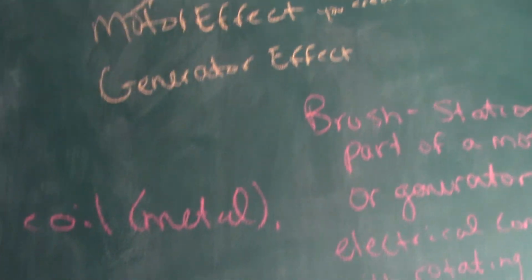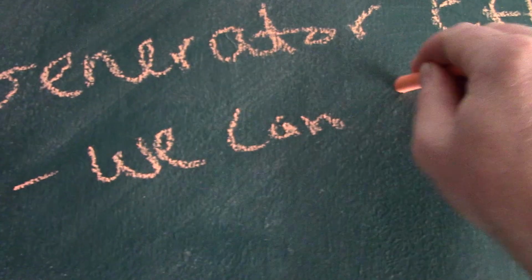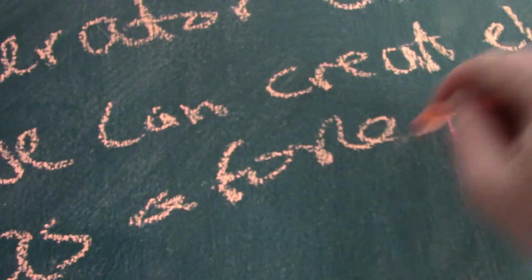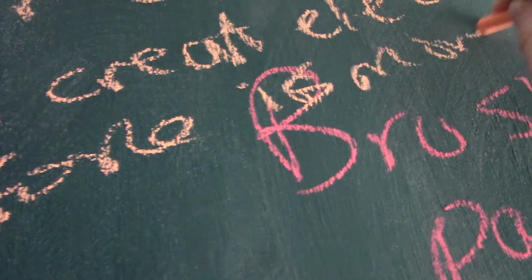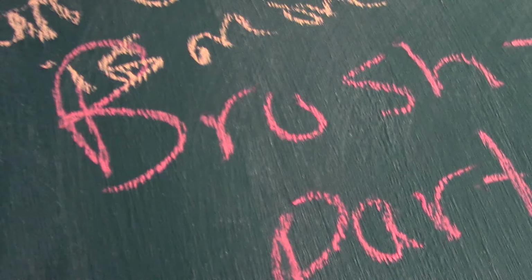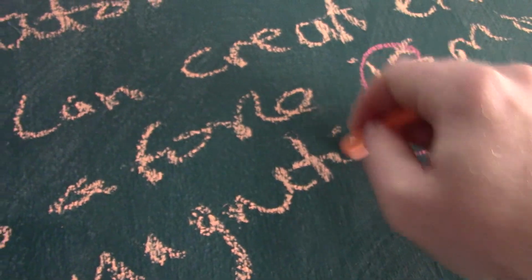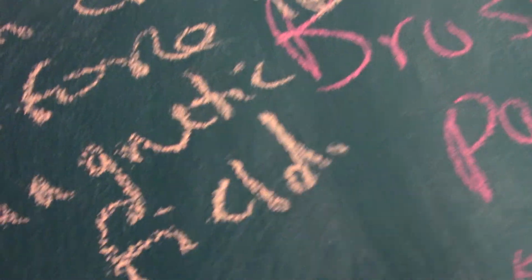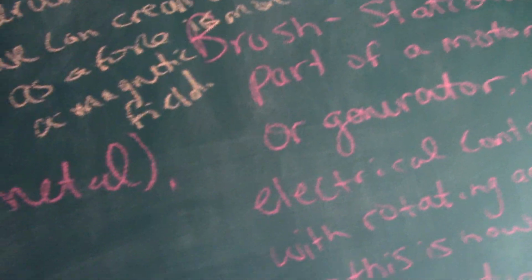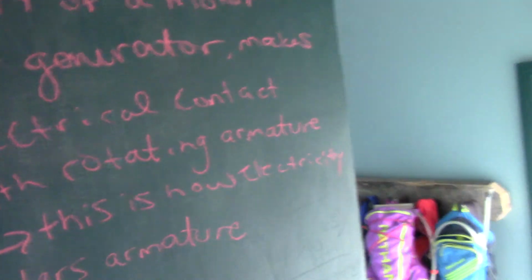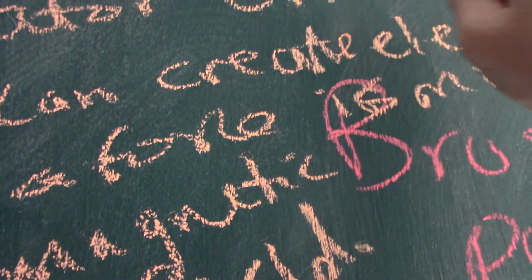The generator effect does this. The generator effect tells us that we can create electricity as a force is moved through a magnetic field. So vice versa: I can move a metal object through a magnet and create electricity.